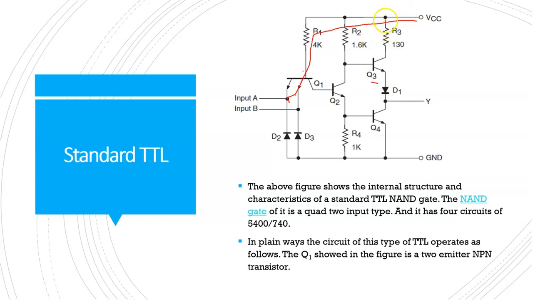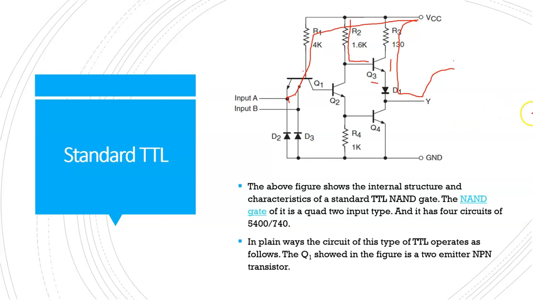So when this is conducting, the VCC charges towards the output, and the output becomes high.